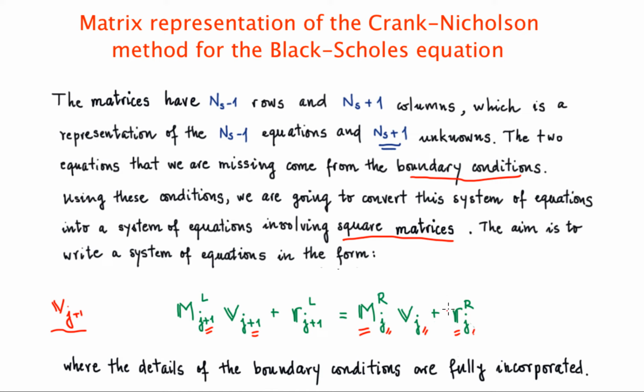All these boundary conditions will be fully incorporated in these matrix components or in the elements of this column vector. But again, we are not going to give more details on how to implement the boundary conditions here, because the steps and the strategy you have to follow are the same as the ones we have just derived in the case of the fully implicit method.